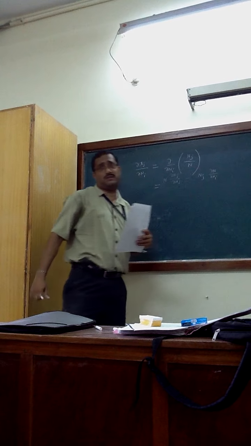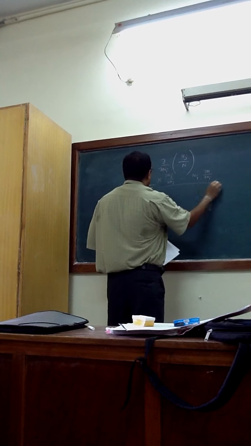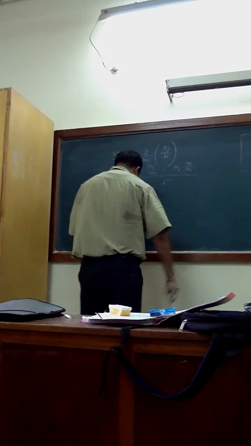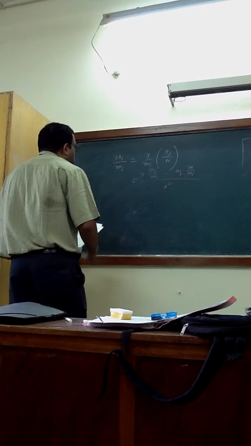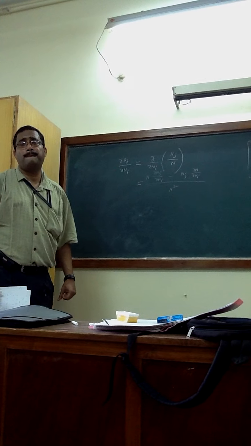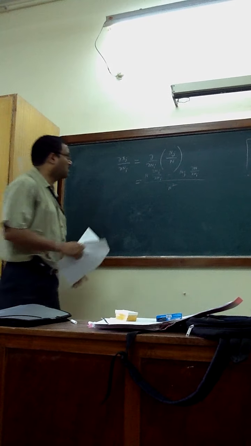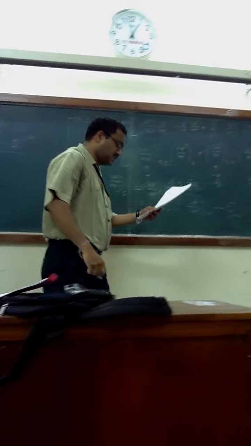Don't say ∂n/∂n. By n square. Is that correct? Yes or no? Okay. This equals 1. We have already proved it.